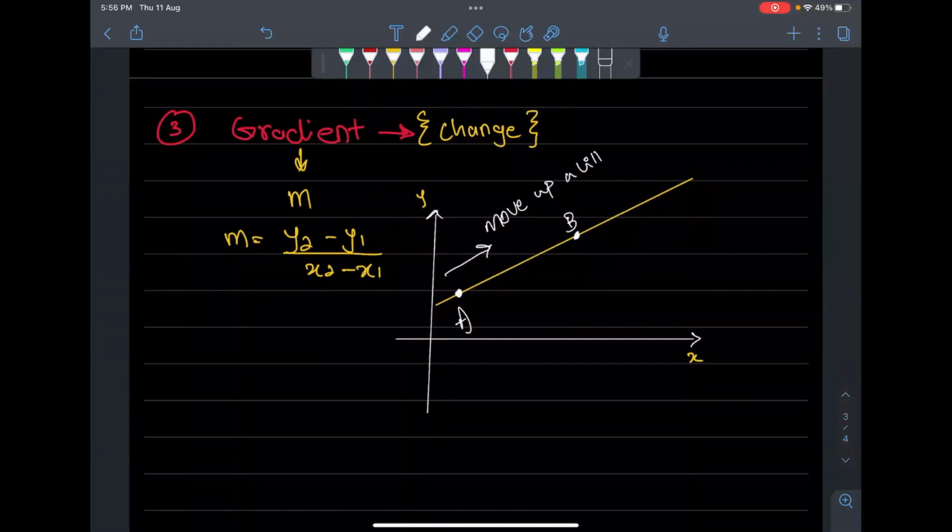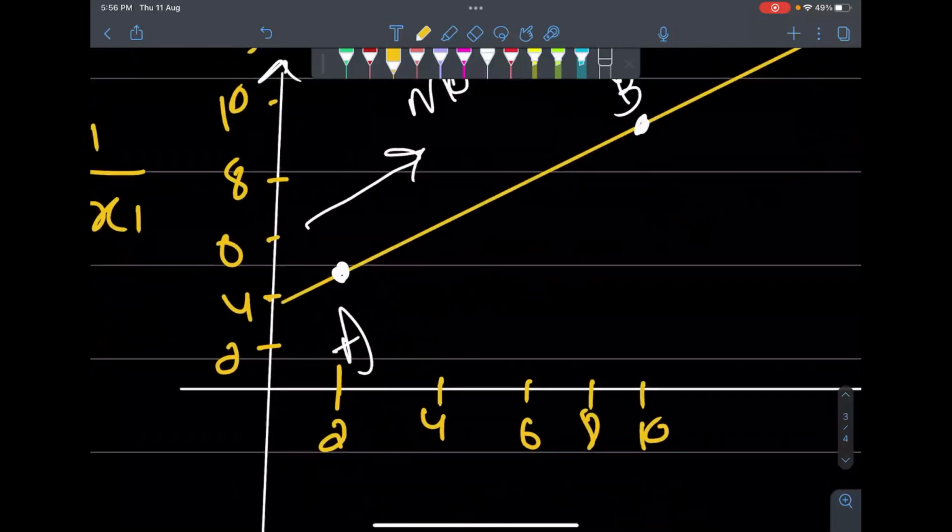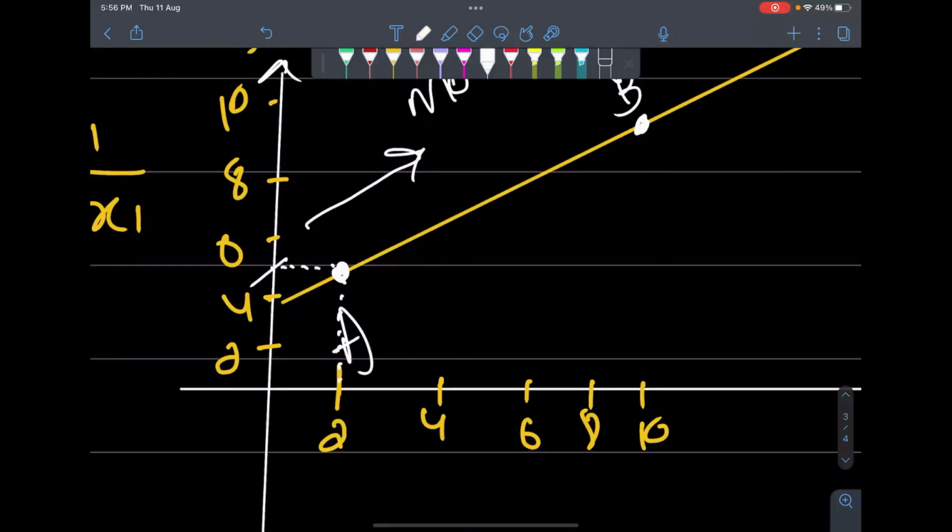For example, let's say this is 2, 4, 6, 8, 10. When I was at A, my horizontal position was 2, and my vertical position was 5, between 4 and 6.